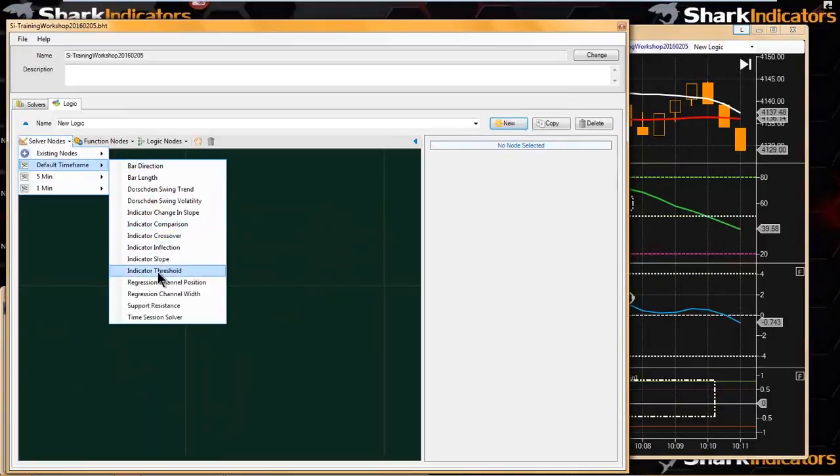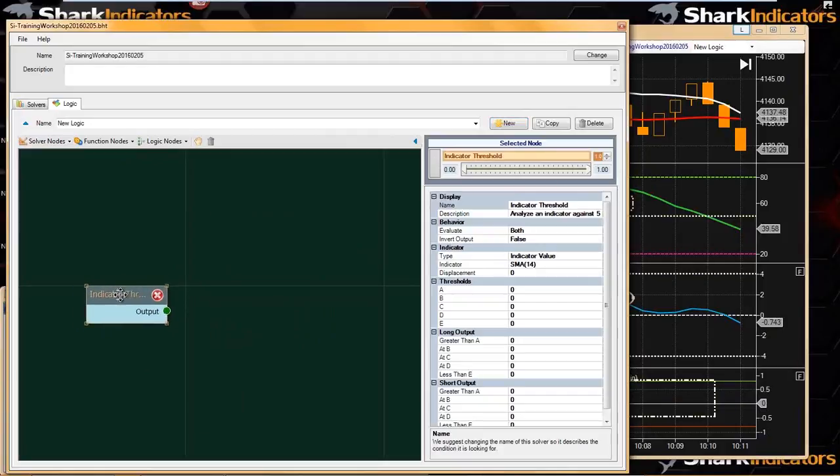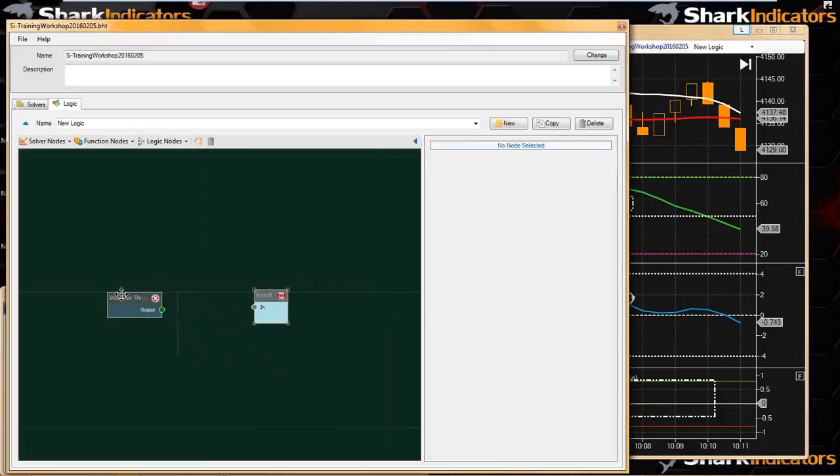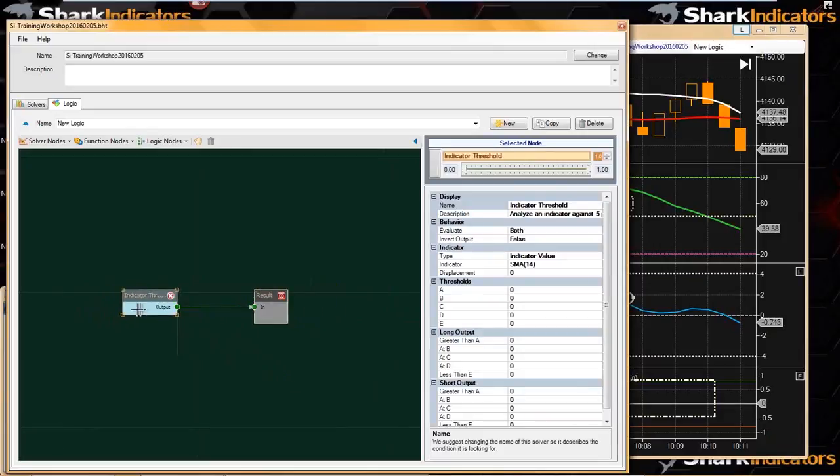Just to give you a starting point, I'll take a threshold solver. Let's say you have an indicator that has some kind of scoring system that goes all the way up to a +4 and all the way down to a -4.